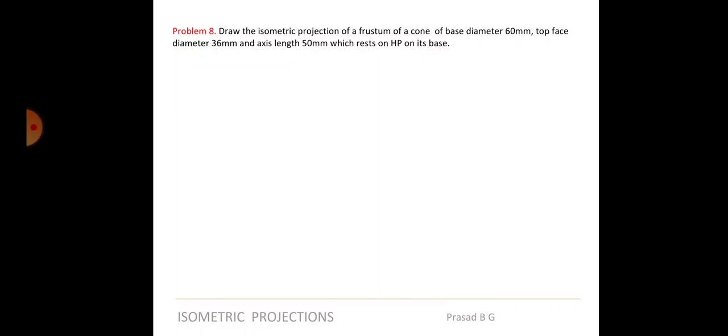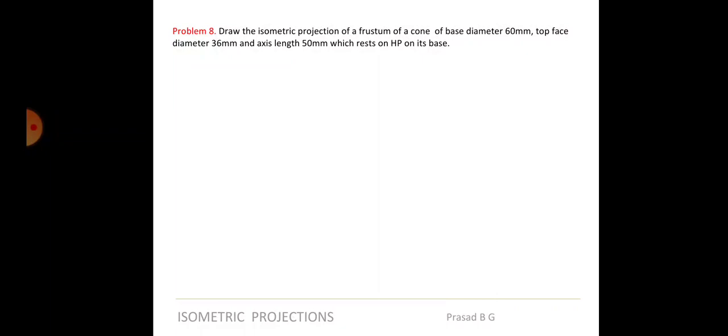So when you see that particular portion, you would definitely see a base which is a circle, for a cone example, and on the top also there will be a circle but of different radius, isn't it? If the entire cone is there, the top won't be anything, it will be a point, an apex. But if I cut it, let's say exactly in the half, then the top portion will also have a face, isn't it? The top face will also be a circle but with a different diameter. So that is what you mean by a frustum.